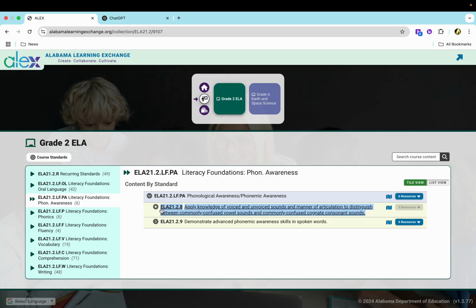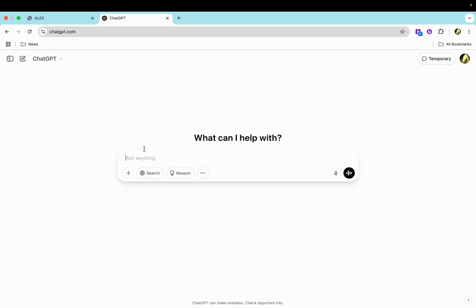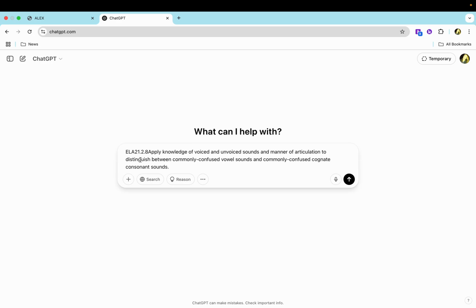And let's just copy and paste that standard into ChatGPT, and I'm going to tell it, give me a set of test questions for this 2nd grade Alabama ELA standard. Again, you want to be as specific as possible.